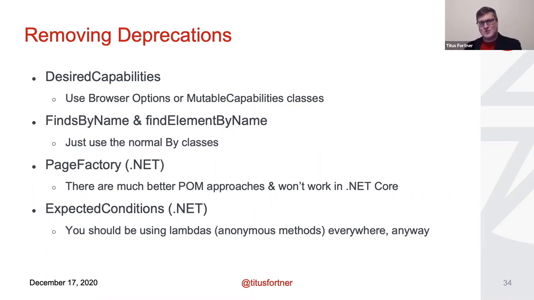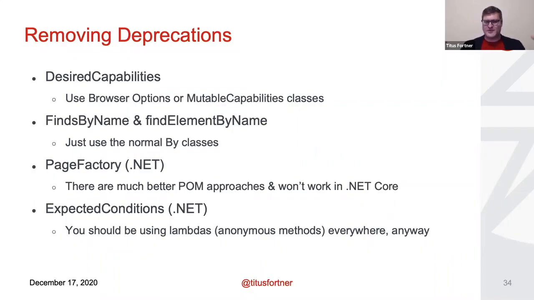But we want you to use mutable capabilities now because we just want to get rid of all desired capabilities references. The idea in JSON Wire Protocol was there was going to be desired capabilities and required capabilities, and there were going to be different implementations that would work with either, and then grids. It never ended up working out. Pretty much all the bindings only ever used desired capabilities. And so it was just kind of a bad approach from the beginning.